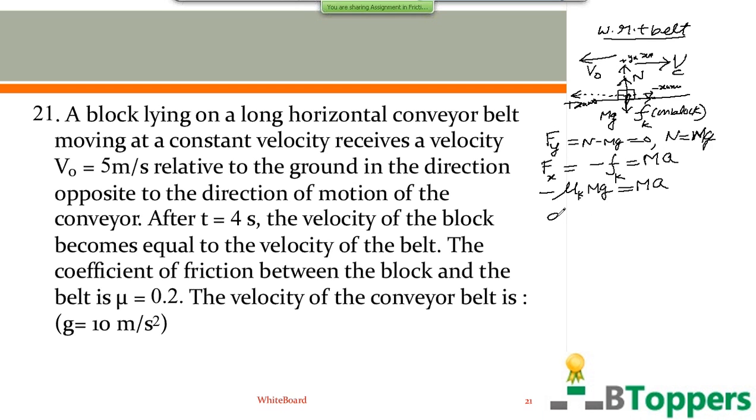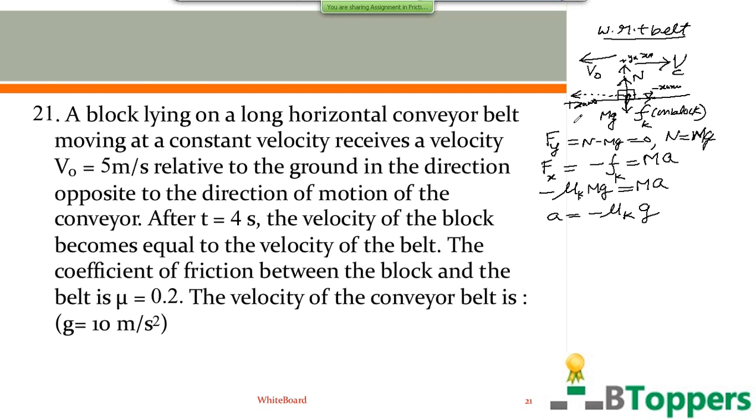So the acceleration of the block is equal to minus mu k times g. Up to this step, the same calculation applies with respect to the frame of reference of the conveyor belt, and the same calculation also holds good with respect to the laboratory frame of reference.